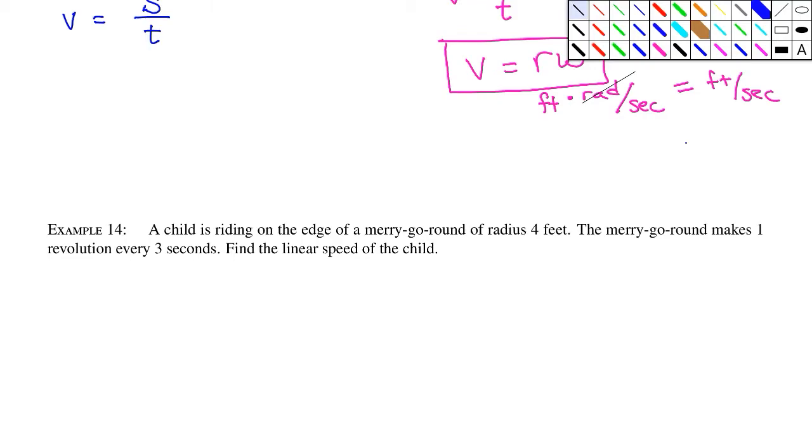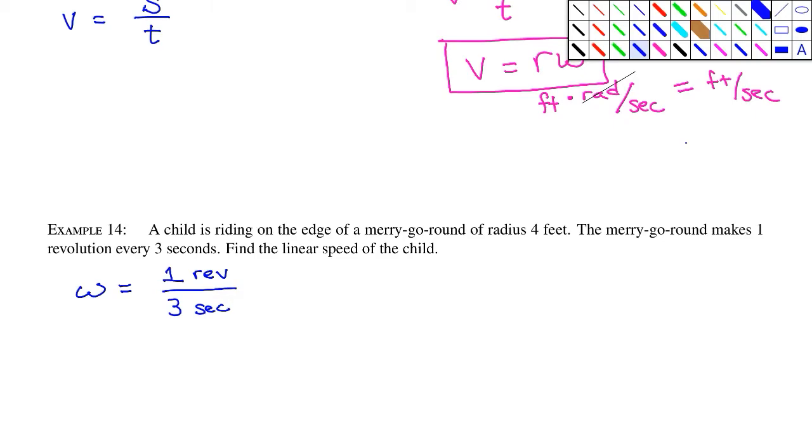All right. So first, let's find omega, our angular speed. And we know that the merry-go-round makes one revolution every 3 seconds.